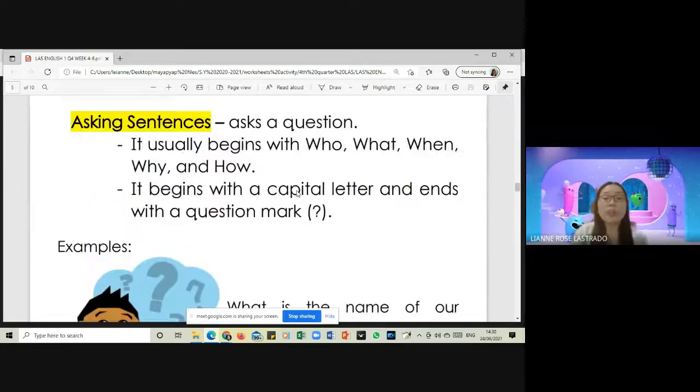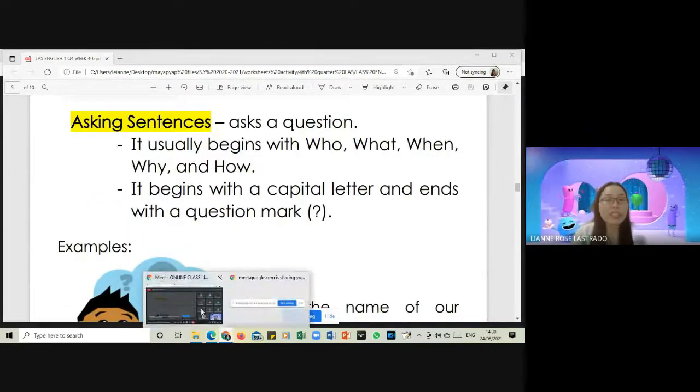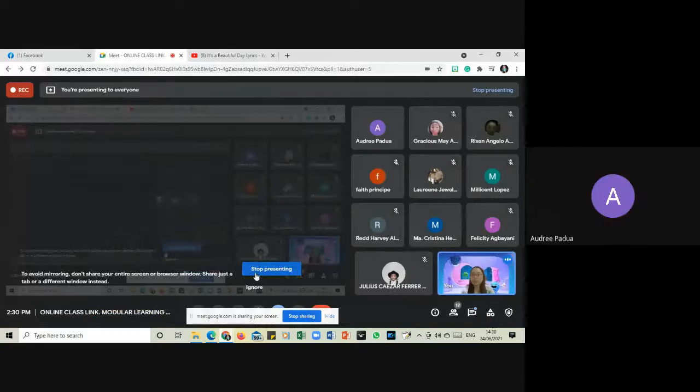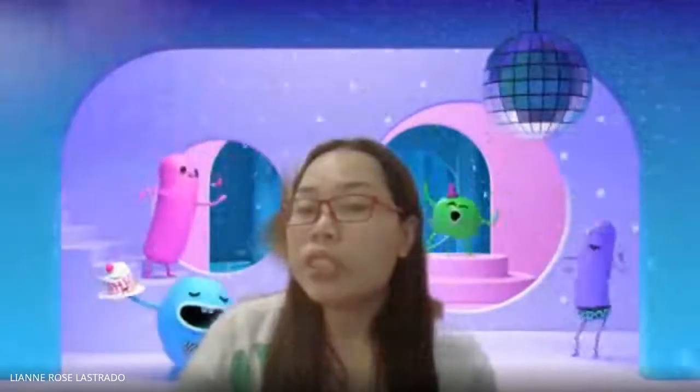Now, did you understand our lesson, grade 1? Yes, ma'am. Now, please tell me what are the two kinds of sentences. Telling sentence and asking sentence. Very good.